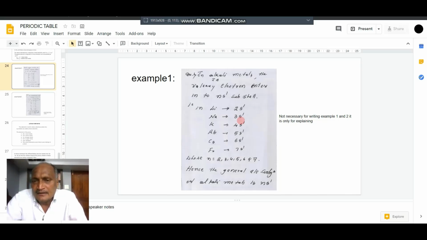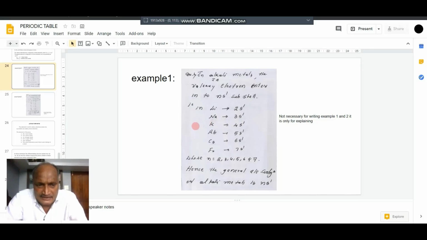The remaining 10 electrons, the first 10 electrons, are entering into the previous orbitals, in the form of 1s2 and 2s2 2p6.